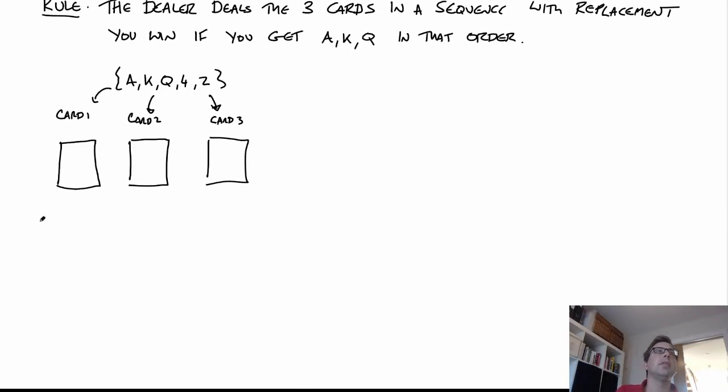Let's think about the number of things that can happen for this first card. And then given what happened here, what are the number of things that are left over for the second card? And then given what happened with these 2, what can happen to the third card? So again, we're just going to go into this sort of tree example. We want to find the size of our sample space in this setting.